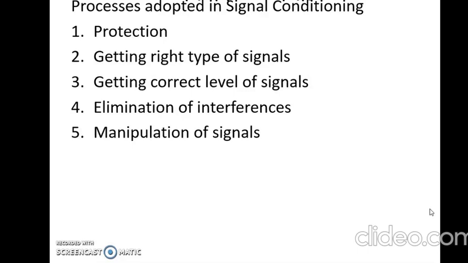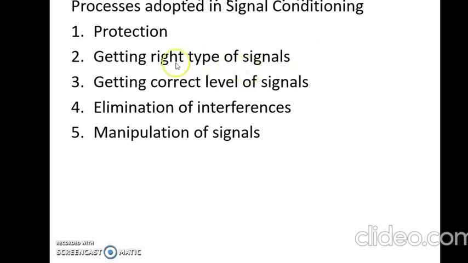For example, if high voltage or high current signals are fed to the microprocessor, it will get damaged. The microprocessor can be protected by employing a series of current limiting resistors or by using a step down transformer if the voltage is very high.